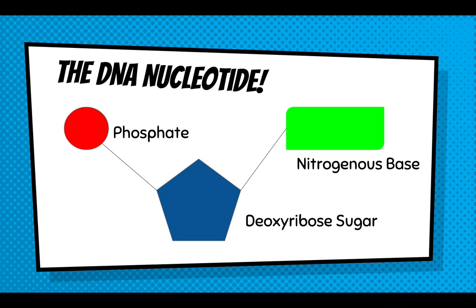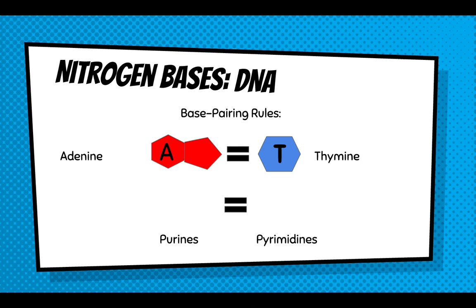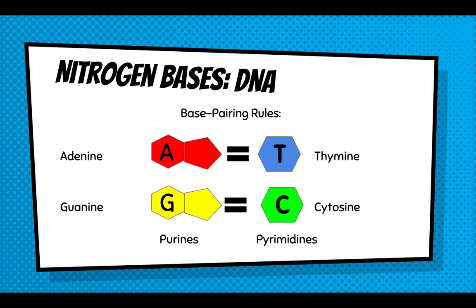A nitrogenous base, or nitrogen base: there are 4 different types found in DNA. They pair up in certain rules and certain configurations to make that DNA molecule. The base pair rules for DNA are adenine pairs with thymine, and guanine pairs with cytosine. So all of these are different nitrogen bases that could be substituted in that place on our nucleotide that says nitrogenous base.